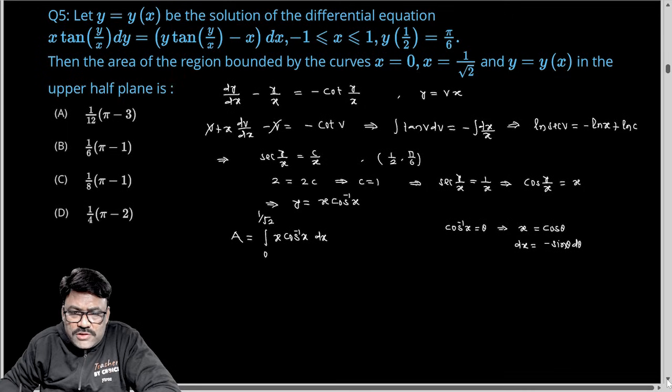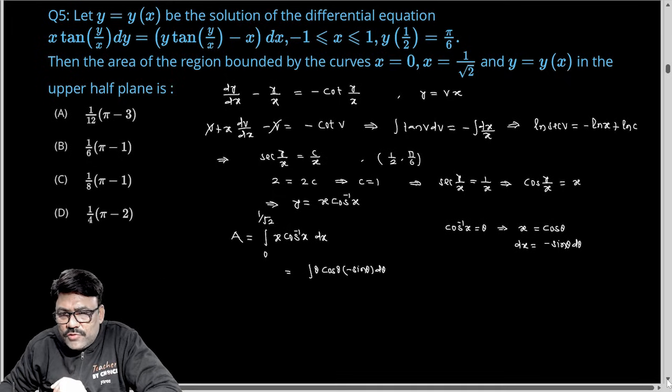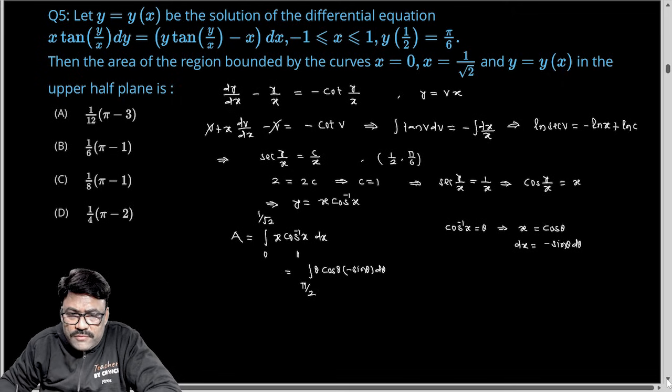So now this integration can be written as, see, cos inverse x is theta, x is cos theta, and dx is minus sine theta d theta. The limit is what? When x is 0, theta is pi by 2, cos inverse 0 is pi by 2. And when x is 1 by root 2, cos inverse 1 by root 2 is pi by 4. So pi by 2 to pi by 4.